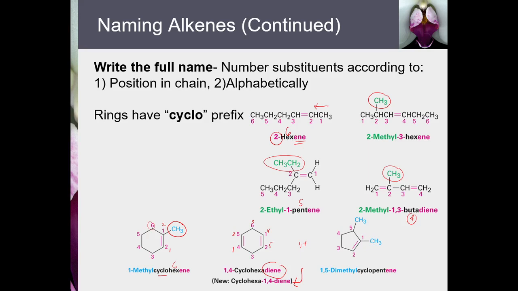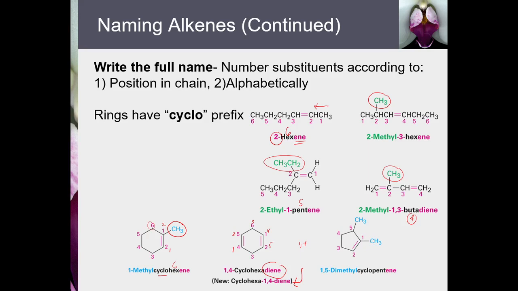So how do we name this? You count the number of carbons in the parent chain. This one is 5 carbons. It is also cyclic, so that's why we will give the name cyclopentene. Then we start numbering your substituents.